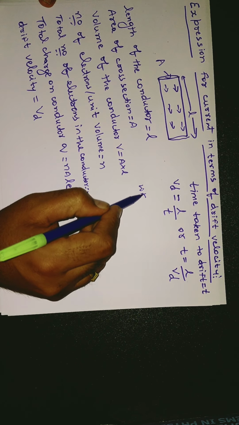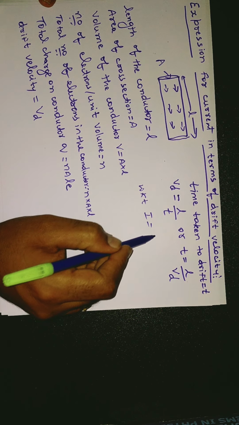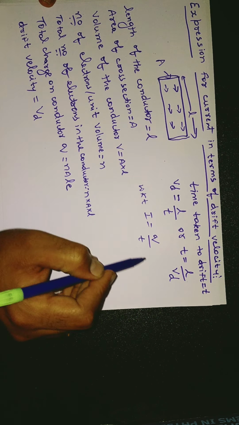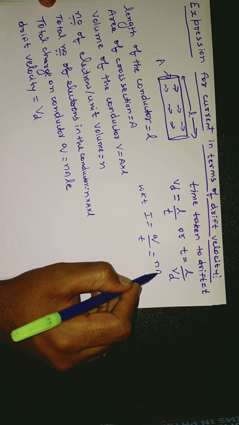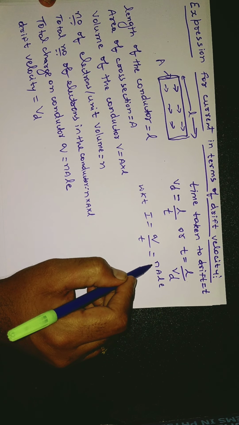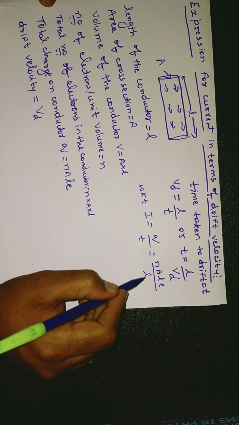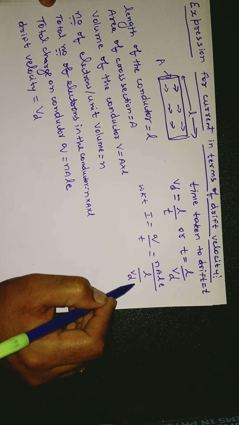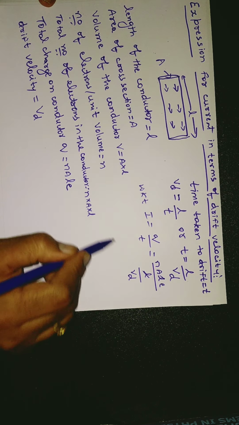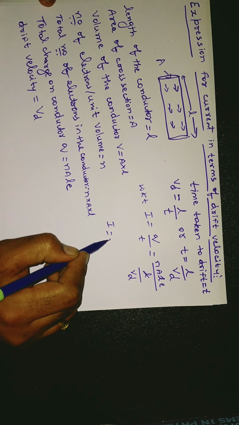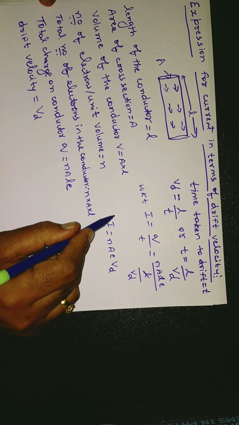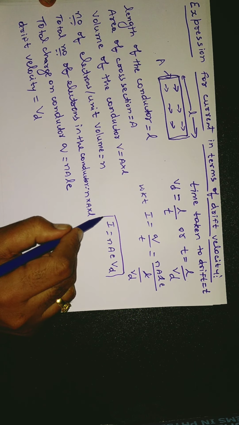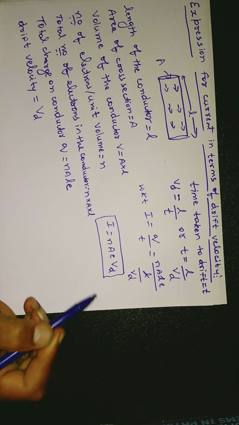We know that I is Q by T. What is Q? N into A into L into E. T is L by Vd. L gets cancelled, so I is N A E Vd. This is the expression for current in terms of drift velocity.